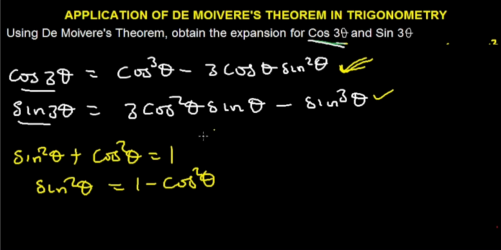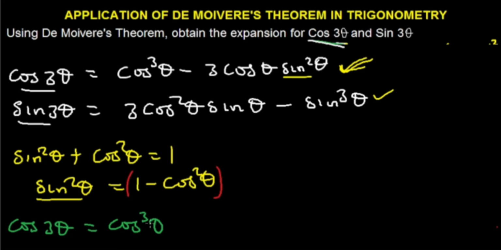So instead of writing sine square theta in this place, I'll just represent it as 1 minus cos square theta. Therefore, I can boldly say that cos 3 theta is equal to cos cube theta minus 3 cos theta into the bracket of 1 minus cos square theta.